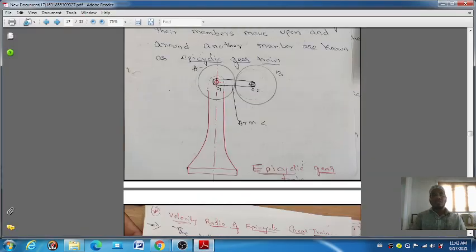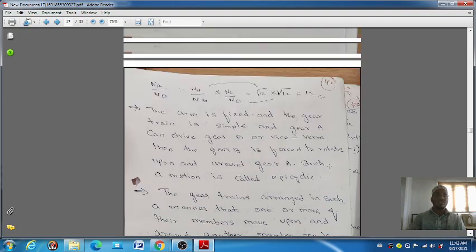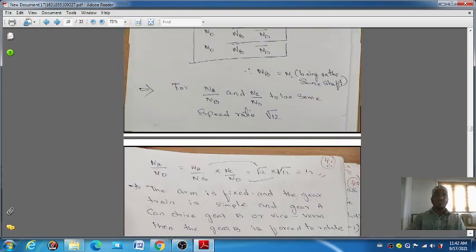In this epicyclic gear train, between these two gears there is an arm. With the help of the arm, the power is transmitted from one gear to another gear. Okay, so which condition takes place here, we have to see first.